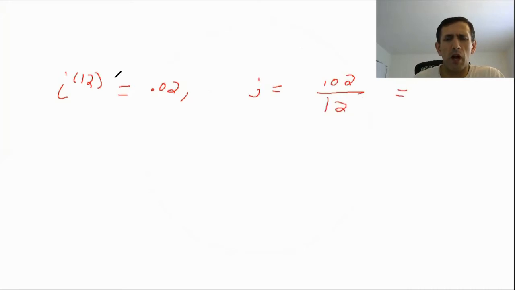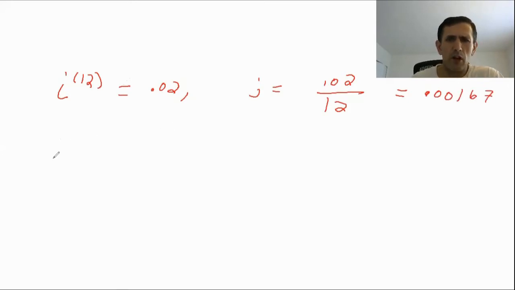Remember, the effective interest rate for a period of 1/12 years is whatever this is over 12, and 1/12 of a year is a month. So the effective monthly interest rate is just 0.0016 and keep going, so rounding, 0.00167.